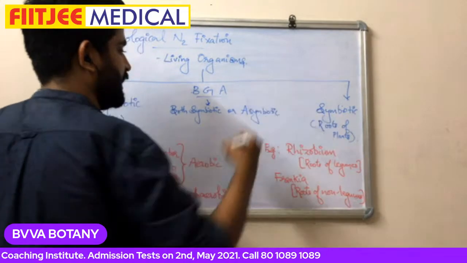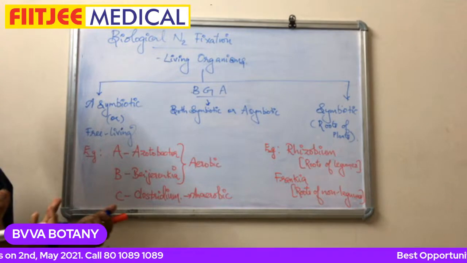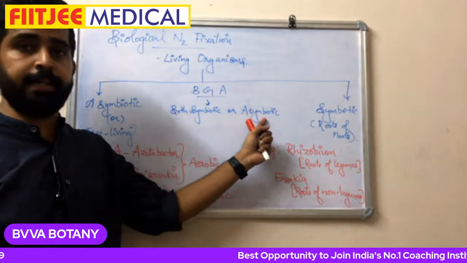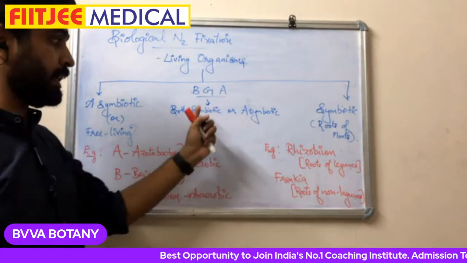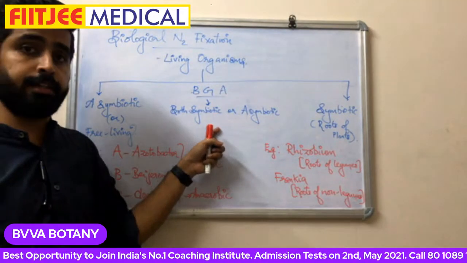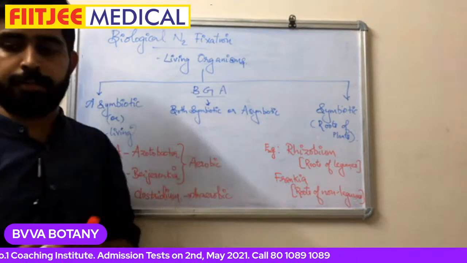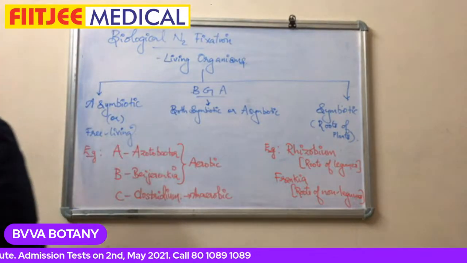It can be found living alone, that is asymbiotic, free, as well as inside some of the organisms we already discussed, in the roots and so on. That is the symbiotic relationship.